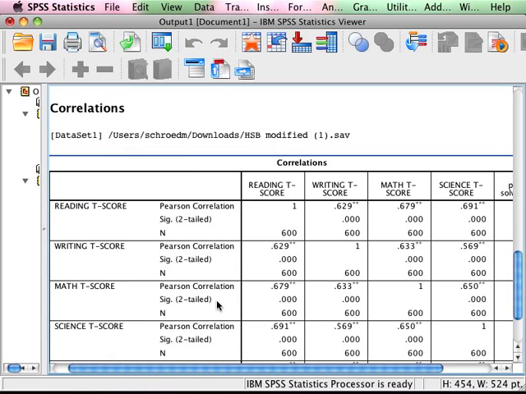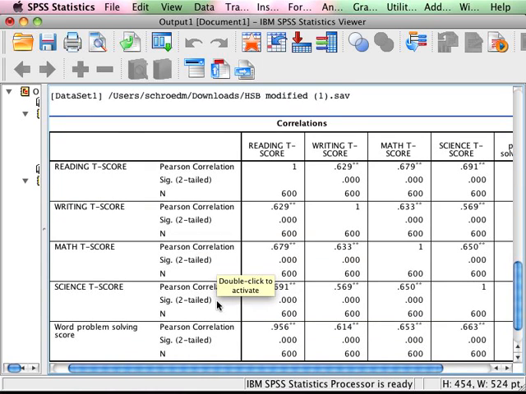If you look at it, I have this diagonal of ones, each thing correlated with itself. I don't have to look at the whole grid, I just have to look at either the top half or the bottom. From this, what other variable is most strongly correlated with word problem solving?